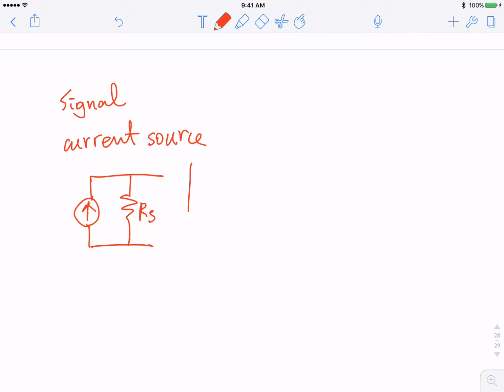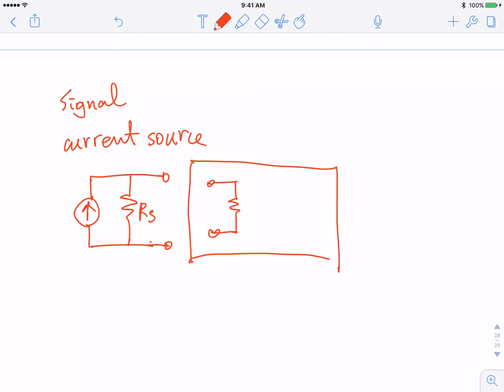If we're going into a two-port network here, this is your Rin. When we connect these together, the real current that flows in that counts is this current, Iin, and this is Is.